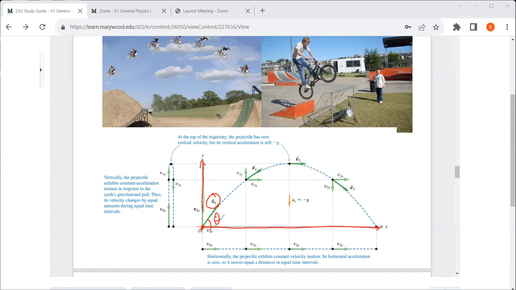Now you know that v0 is a vector, right? Velocity is a vector. Because this vector makes an angle theta with the horizontal, we can resolve this vector. We can break v0 into its components.